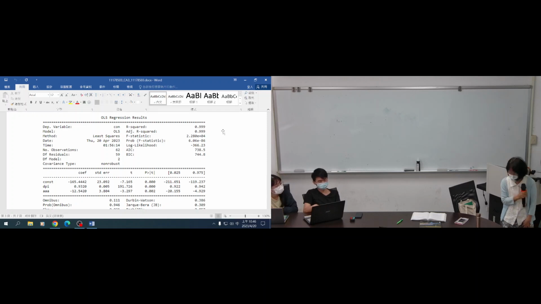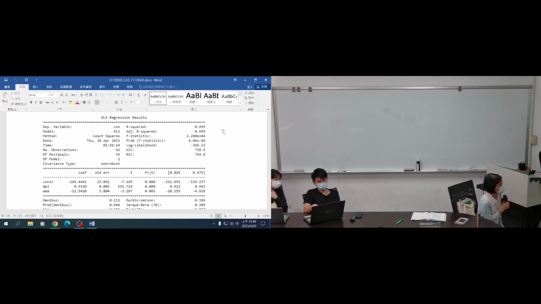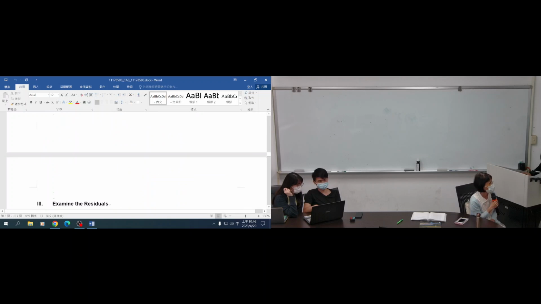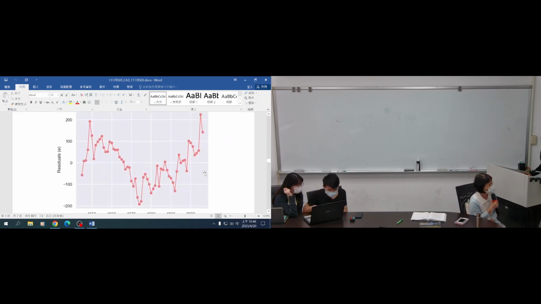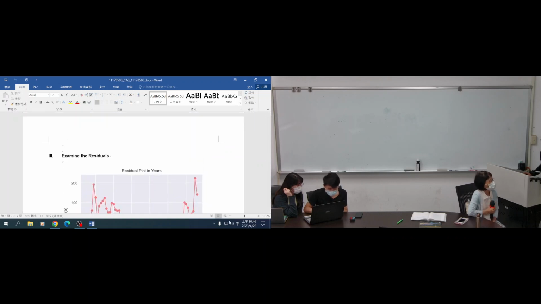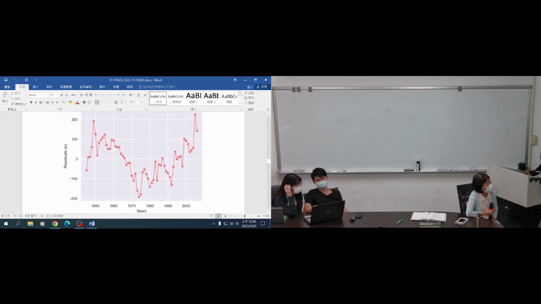Given the assumptions of the signs in step 1, the DPI coefficient is positive and the intercept is negative. This is the plot of the residuals, with years on the X axis and residuals on the Y axis. We can see a trend here, Professor, that goes somewhat like a sine wave.